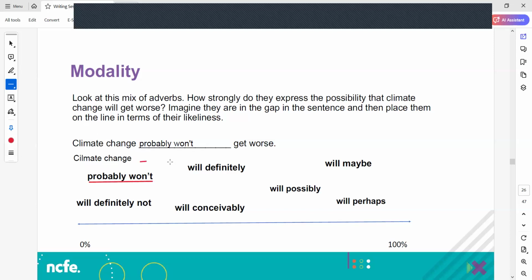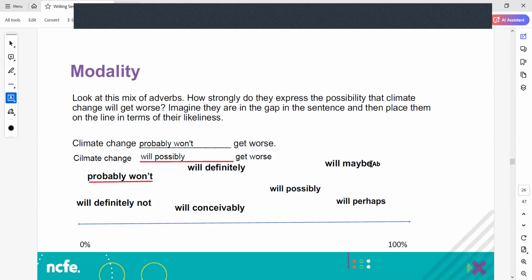What could I put here? Can anyone choose a different one that will change the meaning? Yeah, we may be, possibly, maybe. So "probably won't" and "will possibly" tell us different predictions or different likeliness of climate change getting worse.